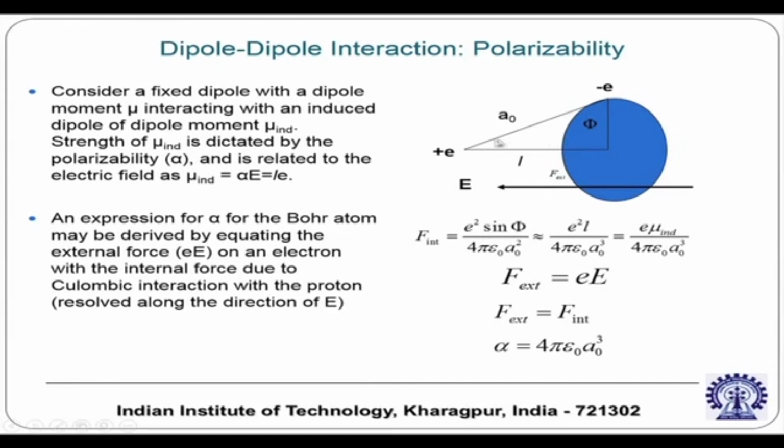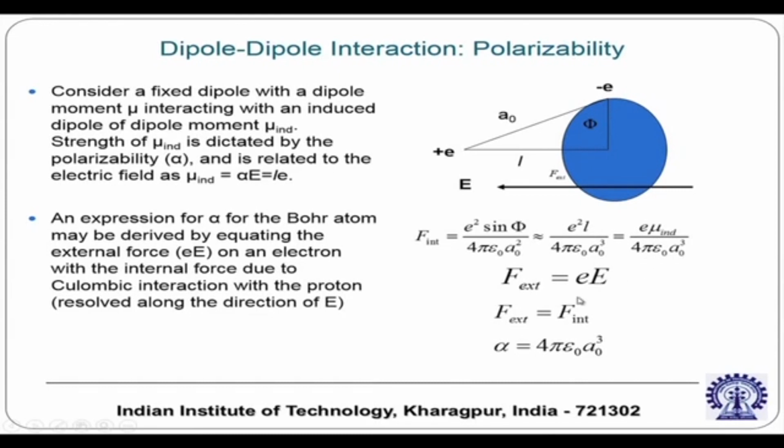This interaction between plus e and minus e gives rise to a Coulombic force e squared by 4 pi epsilon naught a squared, which resolved in the direction of capital E is that into sin phi. Now you can write sin phi as L by a0, so you can come up with this expression, and this is equal to e into mu induced by 4 pi epsilon naught a0 cubed, because e into L is mu induced.